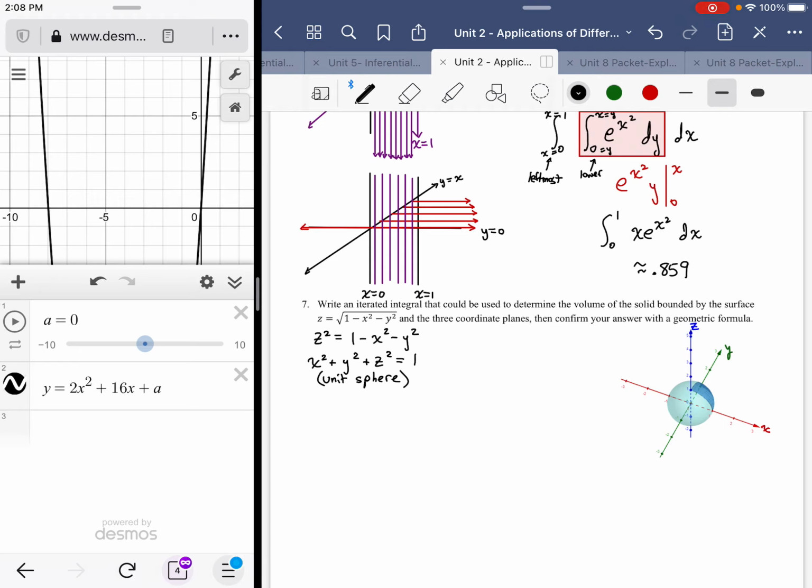So what I'll do here is just get an xy plane. I'm going to take my x squared plus y squared plus z squared equals 1 and let z equal 0. That puts it in the xy plane, in which case we get x squared plus y squared is equal to 1.